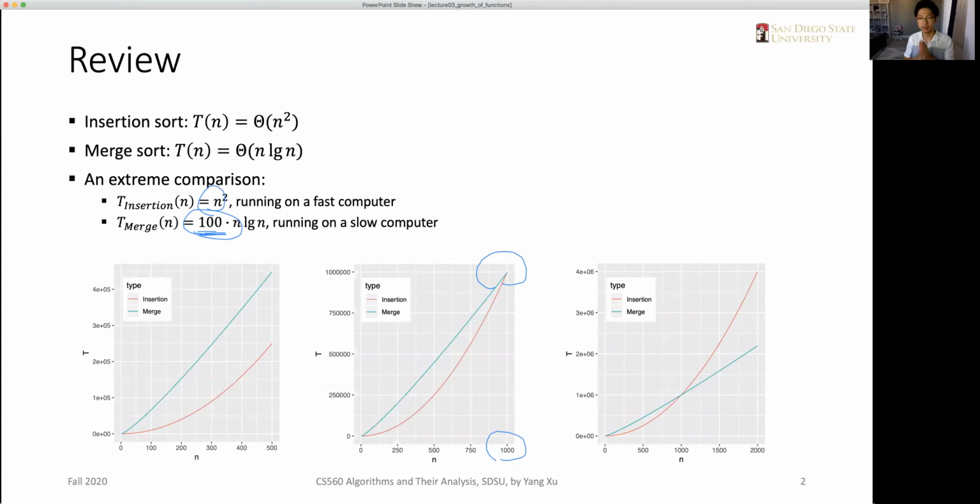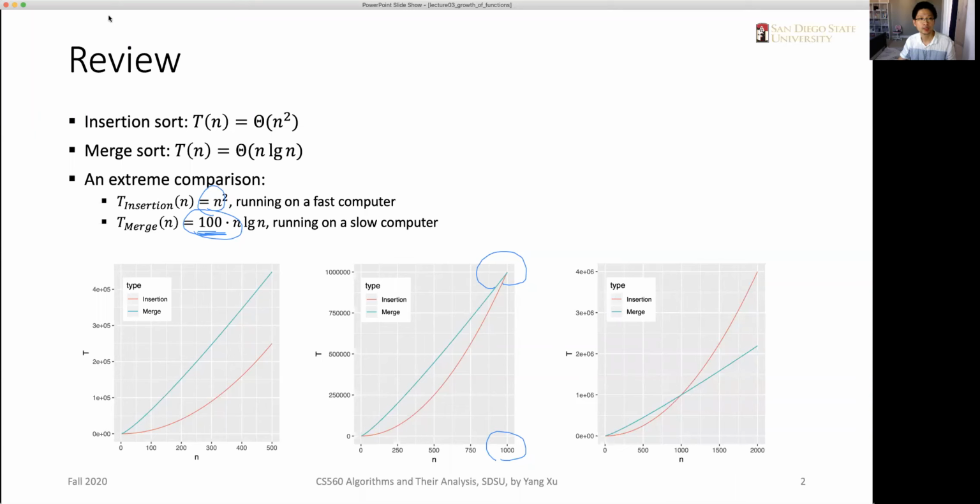So basically we are using the behavior of functions to describe the running time, or the efficiency, of algorithms. It is not the actual running time on a very specific problem that determines whether an algorithm is good or bad, but the general trend, how fast the function grows with input size, that really matters.